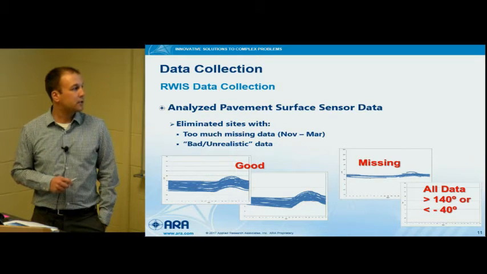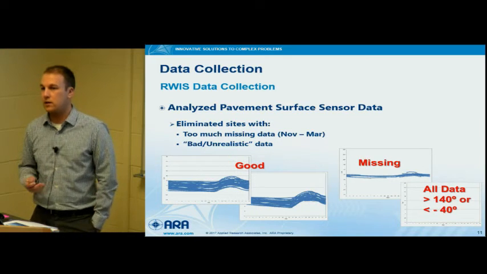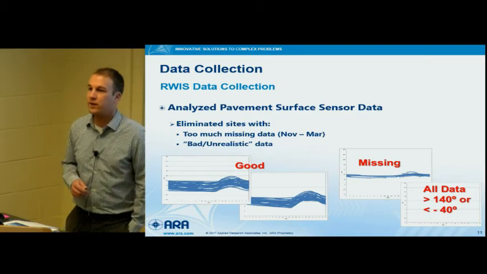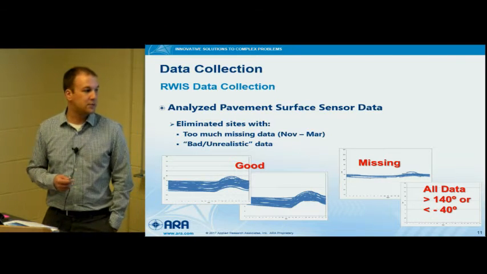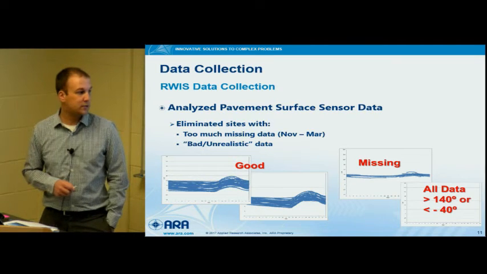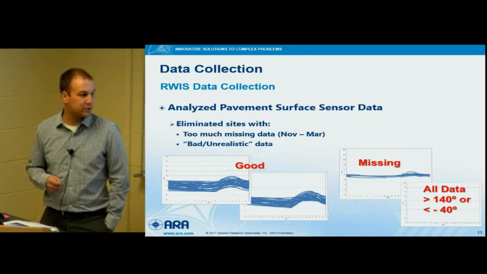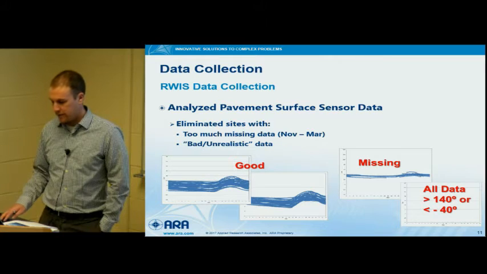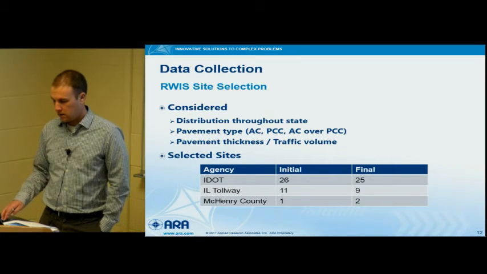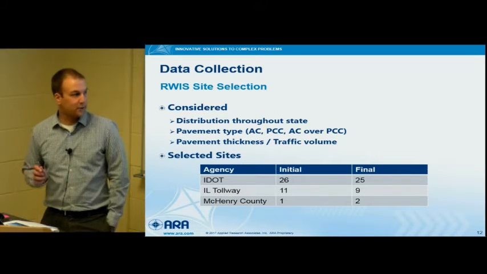And we also wanted to eliminate any bad or unrealistic data. Some of the values are greater than 140 degrees. That seems probably a little on the unrealistic side, especially during colder temperatures too. So these are some other things to look at. I want to show you a few examples, but I'll show you those in a little bit.